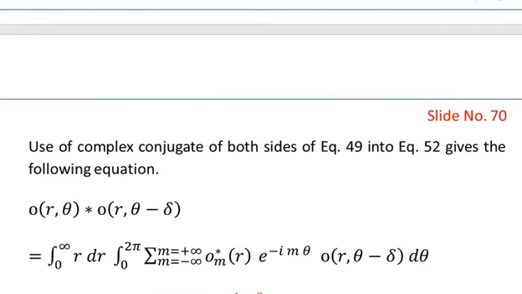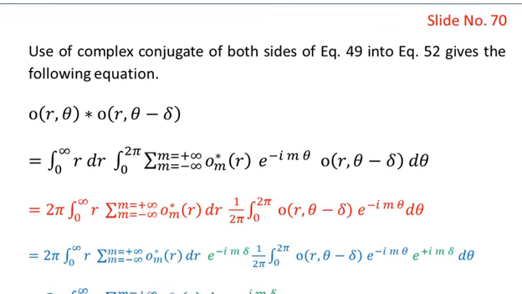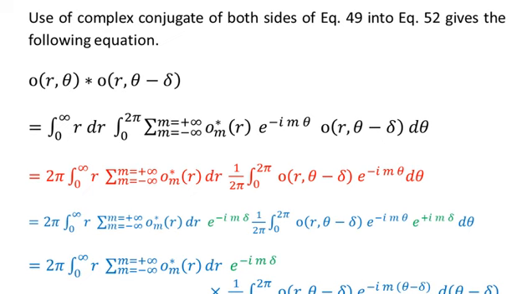So use of the complex conjugate of both sides of equation number 49 in equation number 52 gives the following equation. So we have the autocorrelation in the symbolic form, that is O as a function of r and theta, star stands for the autocorrelation, autocorrelated with O as a function of r, comma, theta minus delta, and the definition in integral form is given.